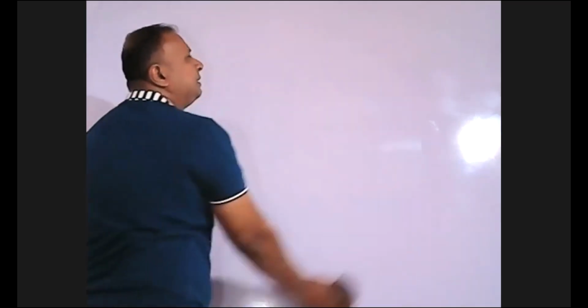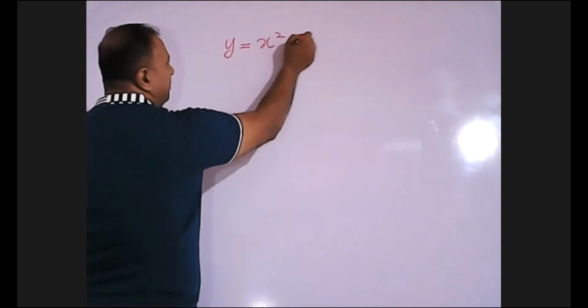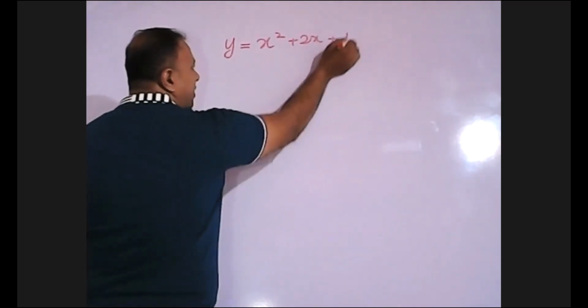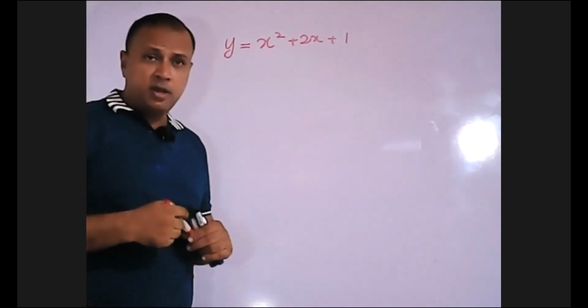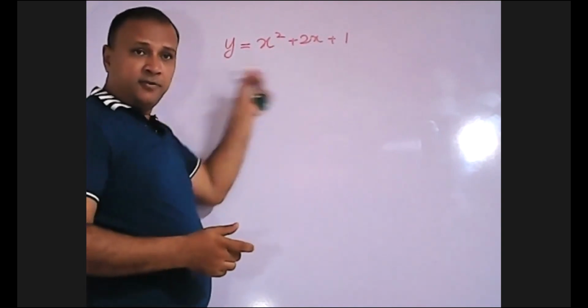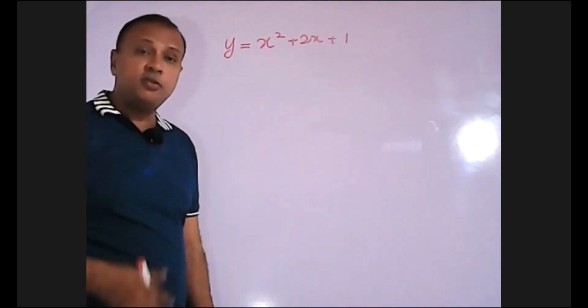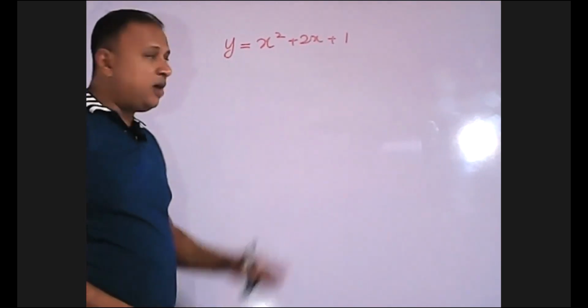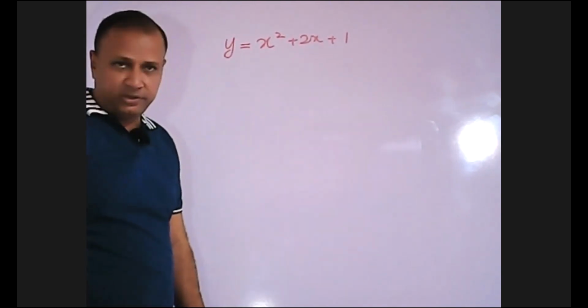I think you know about drawing graphs in your earlier classes. Suppose y equals x squared plus 2x plus 1 or something, and you are asked to draw a graph for this relationship. How to draw a graph?